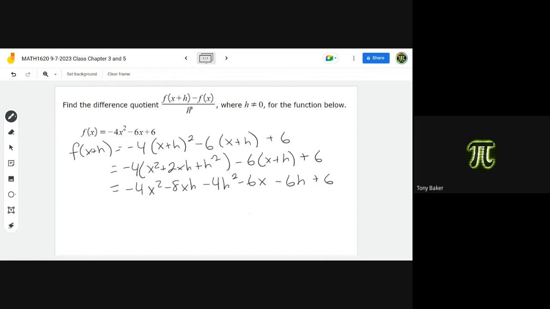Notice I'm not worrying about the bottom yet. I'm not even worrying about this part yet. I'm literally just worrying about the first part, trying to simplify that down as much as possible. And then I will worry about the other two pieces. I don't think I can combine anything in that situation. So now we're done with that part there. All right, so that's f of x plus h.